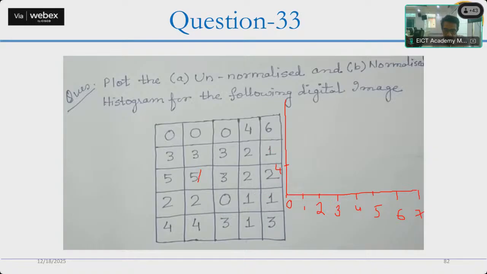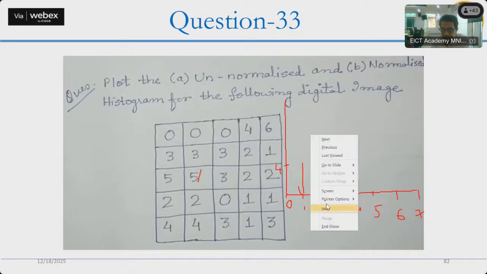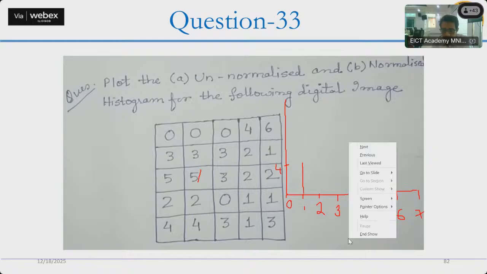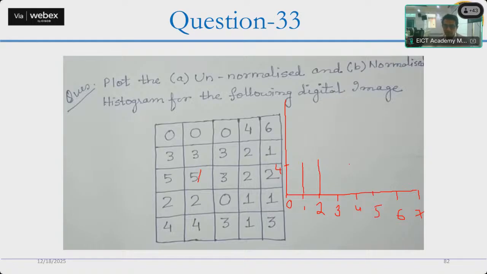This is also 4 times. What about the value 2? In this way you can draw the histogram.